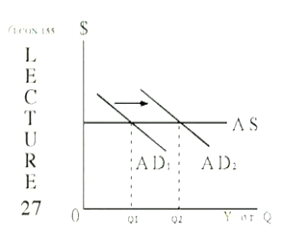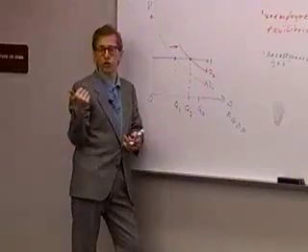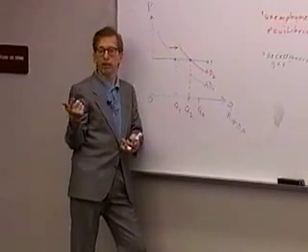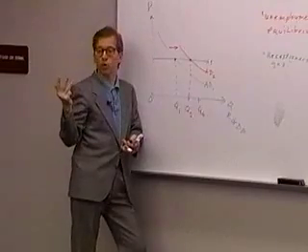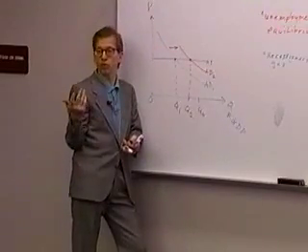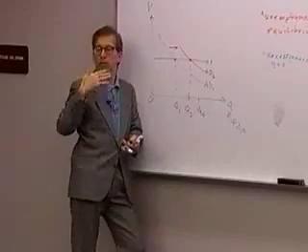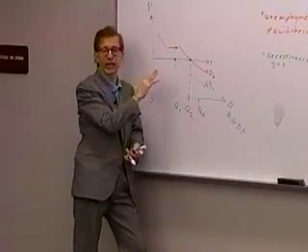Now, if you will think back, when we first drew the aggregate demand curve, I said, what can shift the aggregate demand curve? And I said, well, increased consumption spending, increased spending by businesses, increased spending by government, increases in exports, decreases in imports, changes in the money supply. I went through a list of things that can shift that curve.